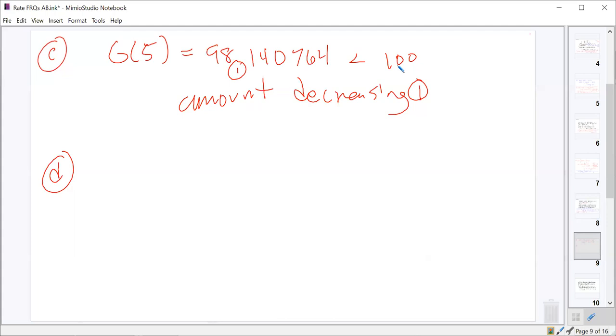If you said G of t minus R of t, or G of t minus 100, and you saw that that value was negative there, then that's fine. As long as you define G of t minus 100 as the rate of change of the gravel or something like that, then that'd be fine.